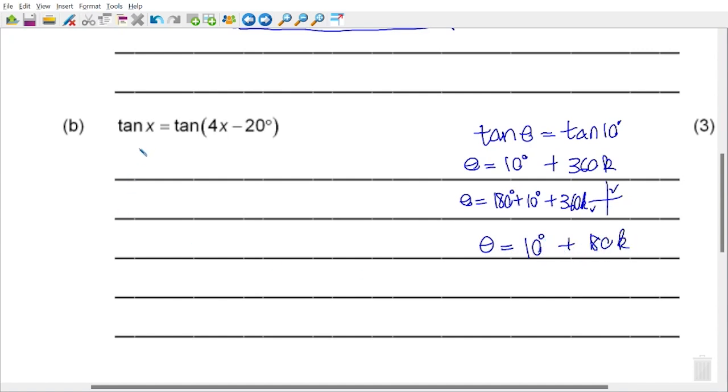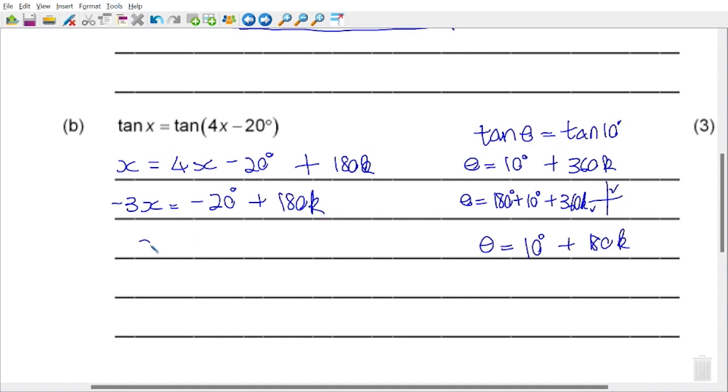So what I'm going to do over here is just say these angles are equal, plus 180k. Sorry, not 360, plus 180k. Right, and so I get negative 3x is negative 20 degrees plus 180k.